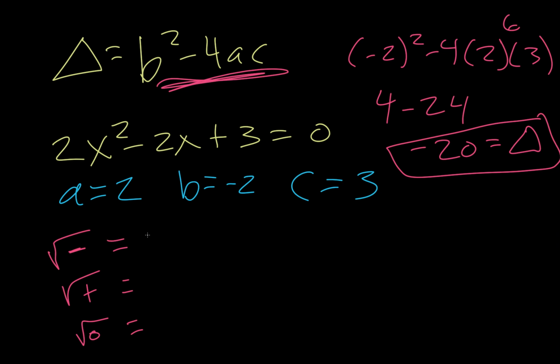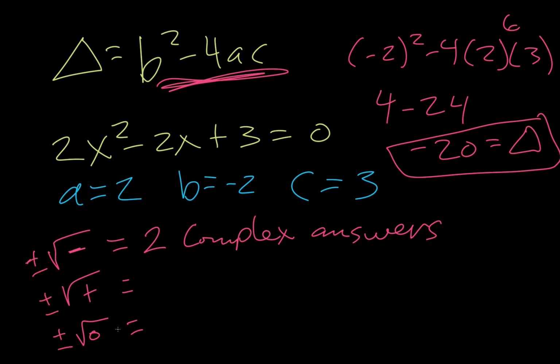And if we look at the quadratic formula as a whole, that's actually going to give us 2 complex answers, because remember, in the quadratic formula, there's a plus or minus out in front of all of these. So it gives us 2 answers. 2 complex roots.